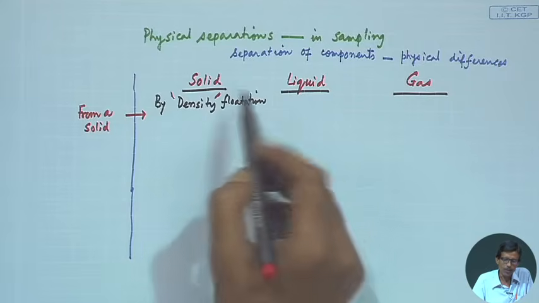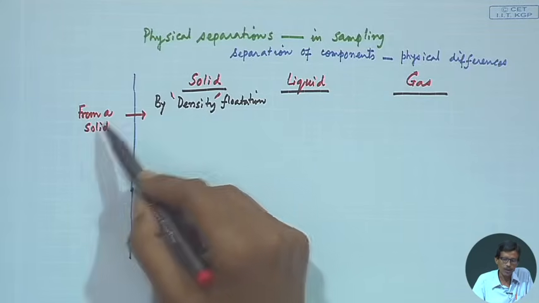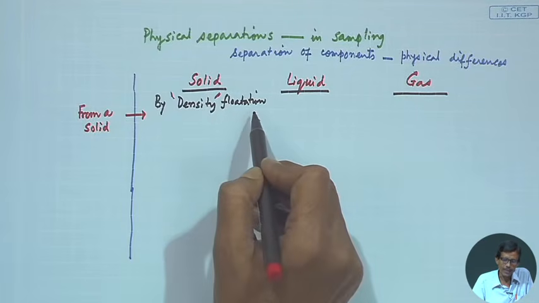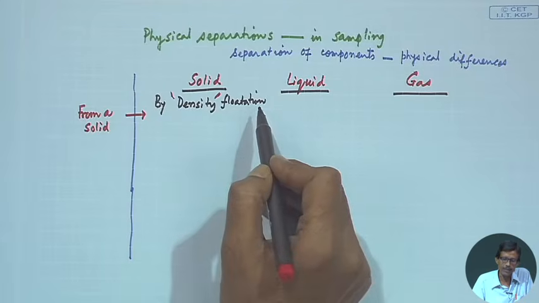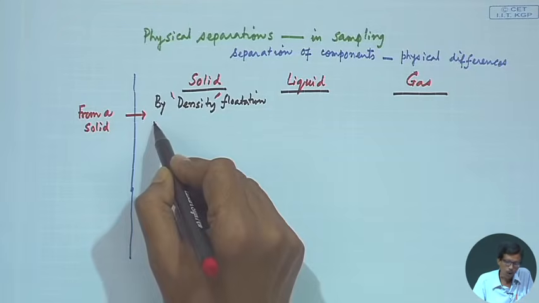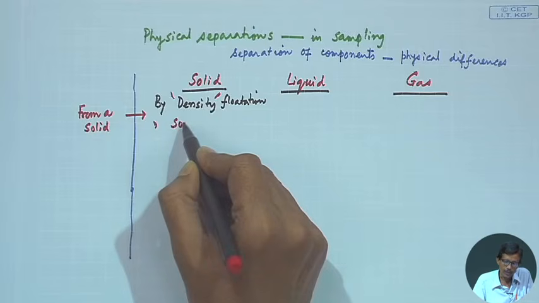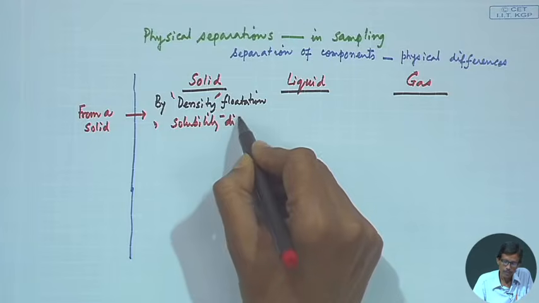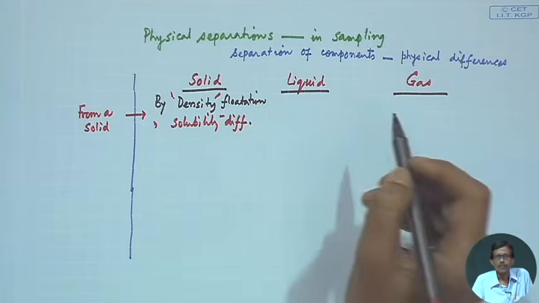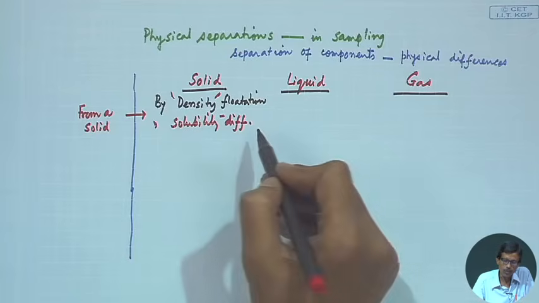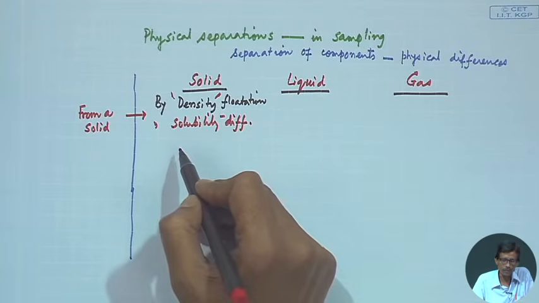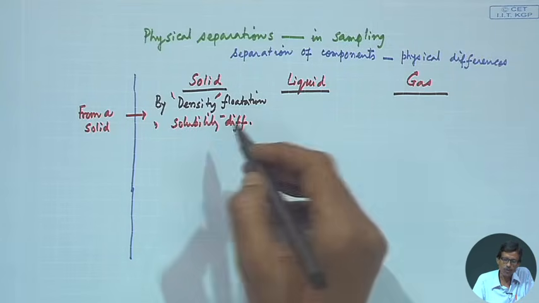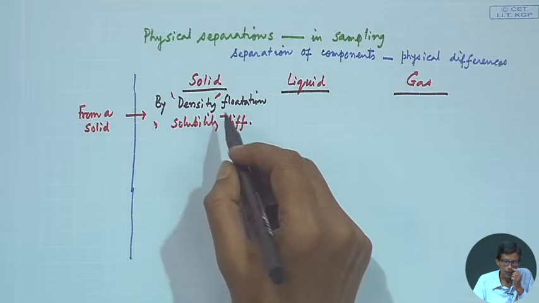So, for solid versus solid separation, we simply utilize the difference in the density of the solid materials, or the solubility difference. One particular part is soluble in a particular solvent, the other part is not. If there is any solubility difference, we separate it out.